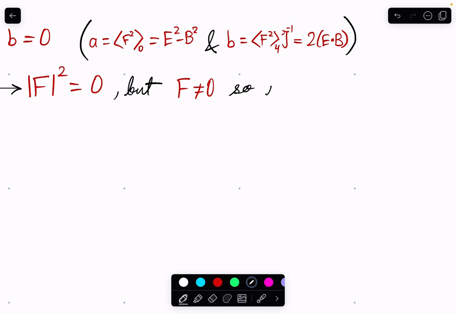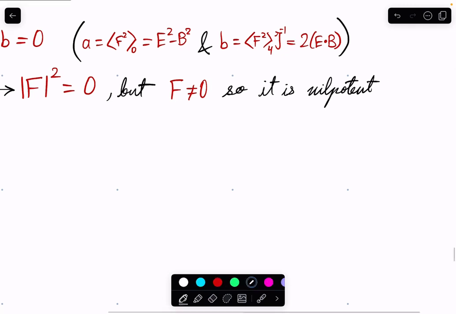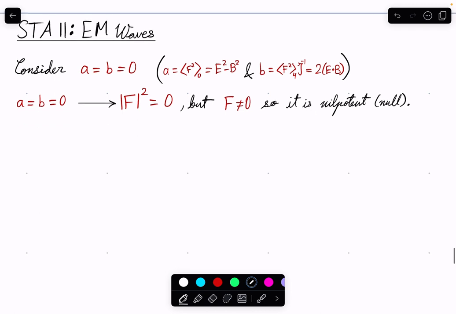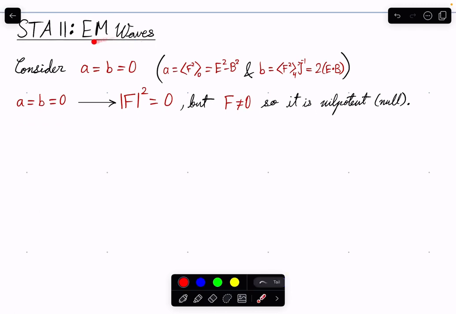So it is nilpotent or null. So you see that when we're dealing with waves and we have some nilpotent bivectors, we're going to get into how light-like behavior arises.